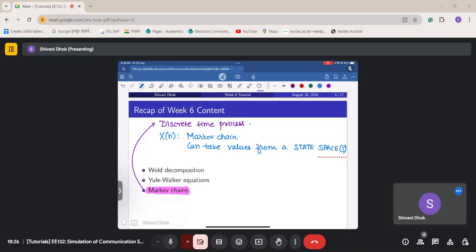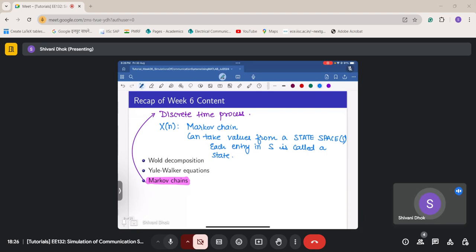It's okay. And each entry in a state space, let's say S, is called a state. And this is like an evolving process. So this X n should ideally, for any process, depend on X of n minus 1, X of n minus 2, and so on.